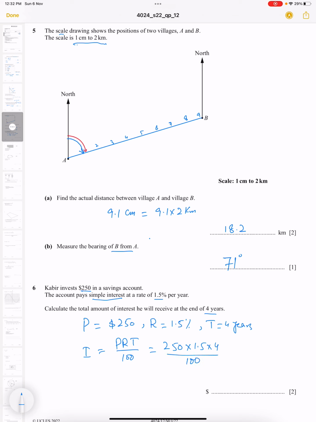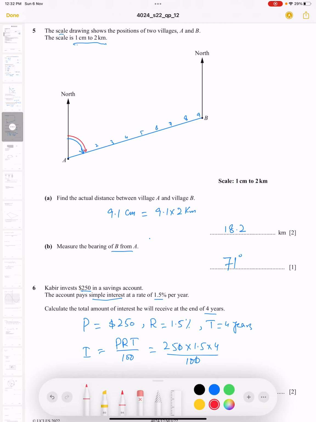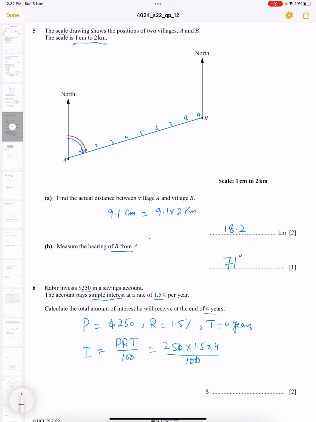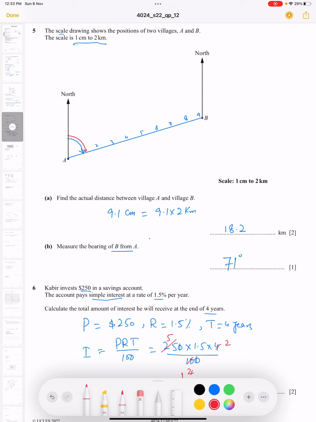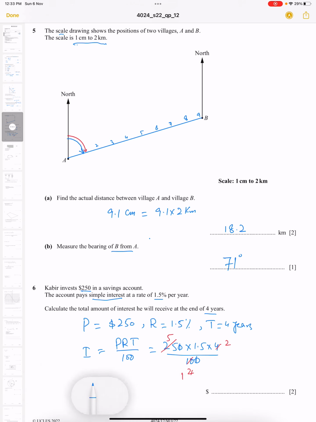Now simplifying this expression, first this 0 can be cancelled with this one, and if you cut both of them on the table of 5, you get 5 times 5 is 25, 5 times 2 is 10, 2 times 1 and 2 times 2. So we now have 5 times 2 times 1.5. 5 multiplied by 2 gives us 10, 10 multiplied by 1.5 will simply be 15. So $15 is the interest.